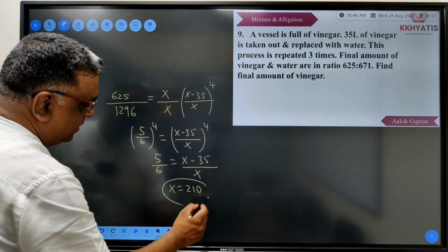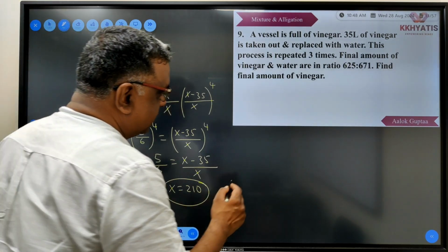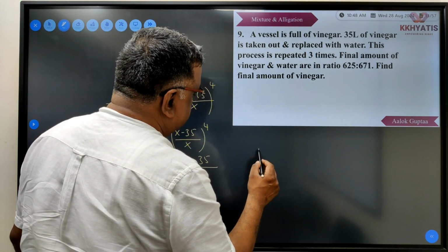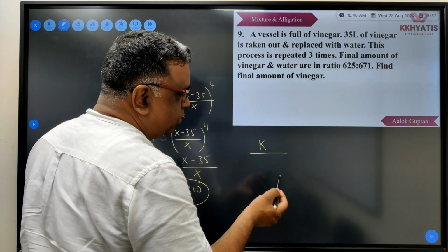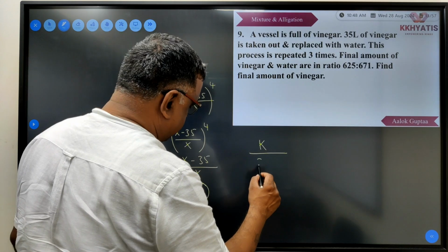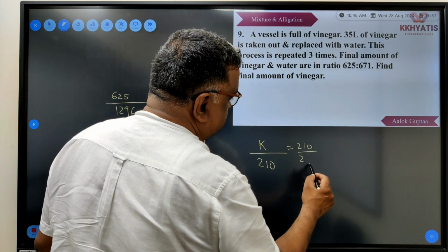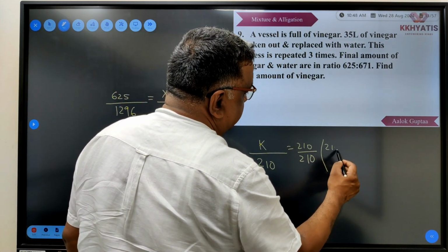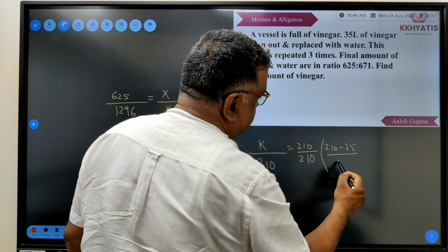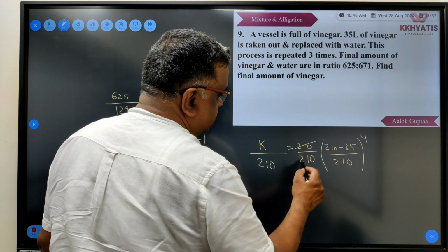I'm directly calculating your X. Now I've been asked the final quantity of vinegar. So final quantity of vinegar, let us say it is K, upon total final quantity would be 210 only. Its initial quantity of vinegar upon total initial quantity was also 210. 210 minus 35 upon 210 to the power 4. So this will get cancelled.